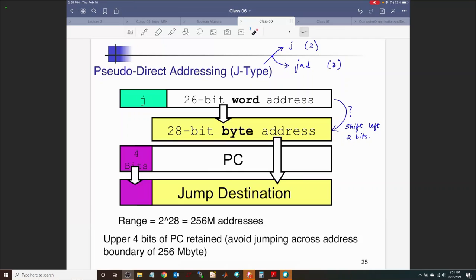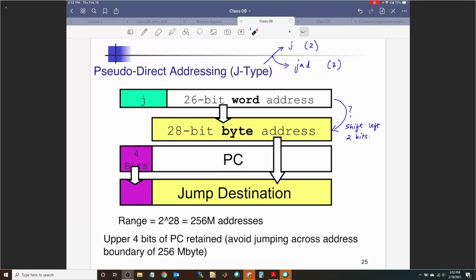It is basically limited by those 16 bits that we are using for word offset. But over here we have a 28-bit byte address, so only 4 bits we need to get from the current program counter. So that's a pretty big jump that you can consider, but it is still technically relative to the program counter.